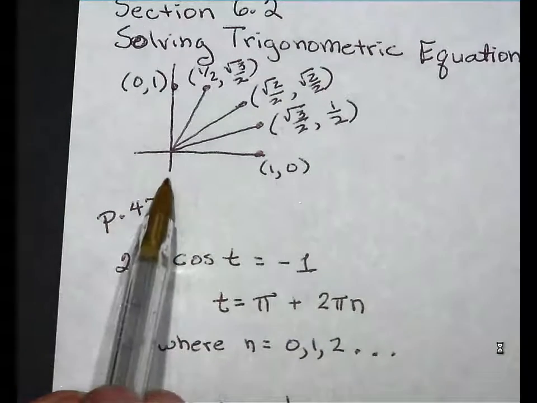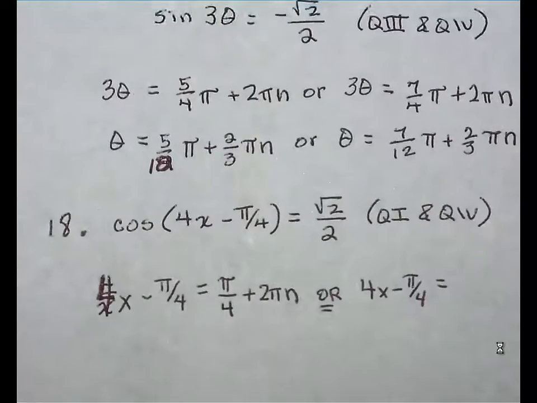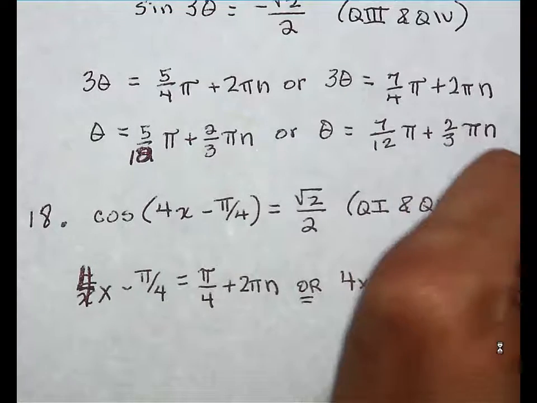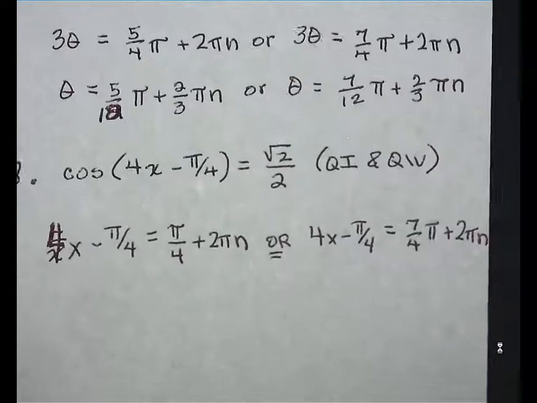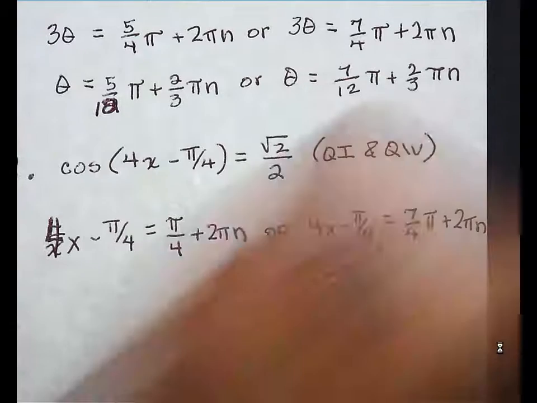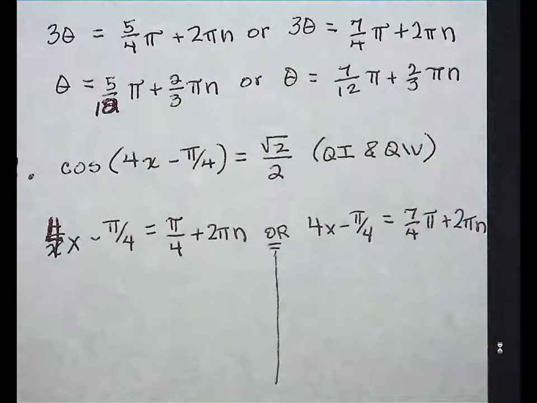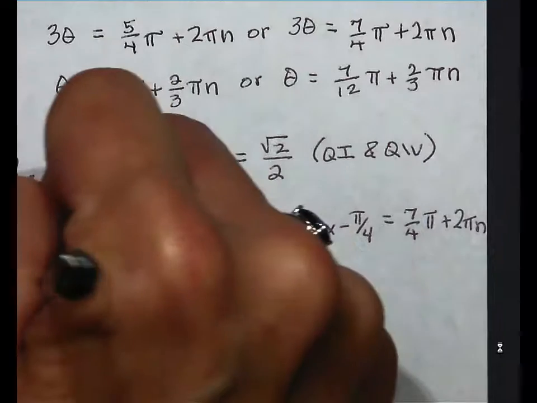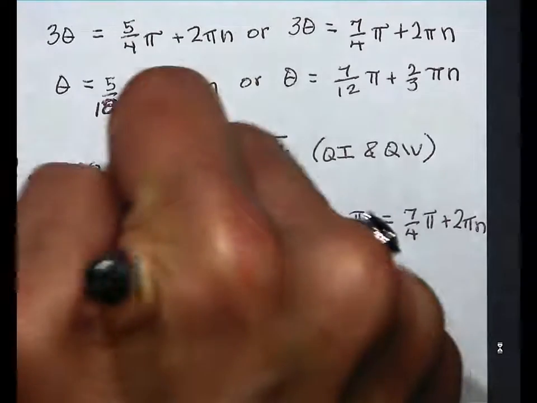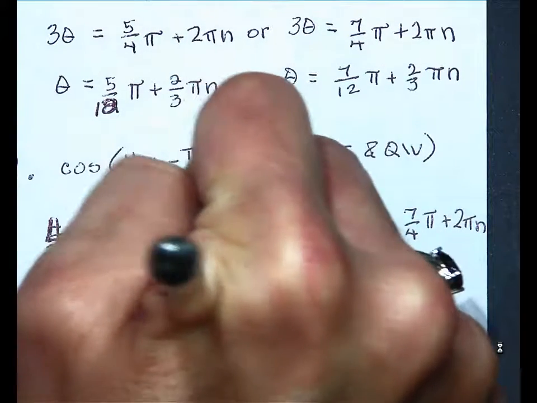Yeah, I'll have to go 4 fourths, 5 fourths, 6 fourths, 7 fourths. 7 fourths pi and all of its coterminal angles. And just solve both of those equations for x. First equation, when I add pi over 4 to both sides, I have 1/4 pi plus 1/4 pi is pi over 2 and all of its coterminal angles.